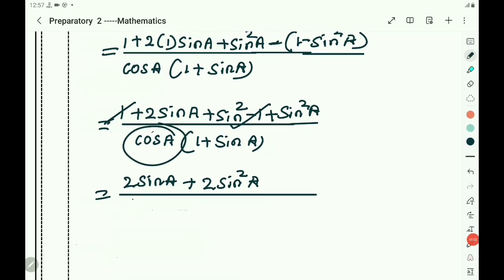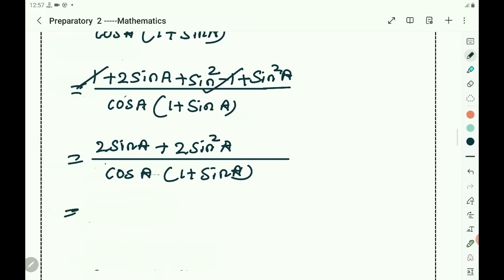Write the denominator as it is, cos A as it is, and 1 plus sin A as it is. Remove 2 sin A common, 2 sin A in the bracket. Here what is remaining?